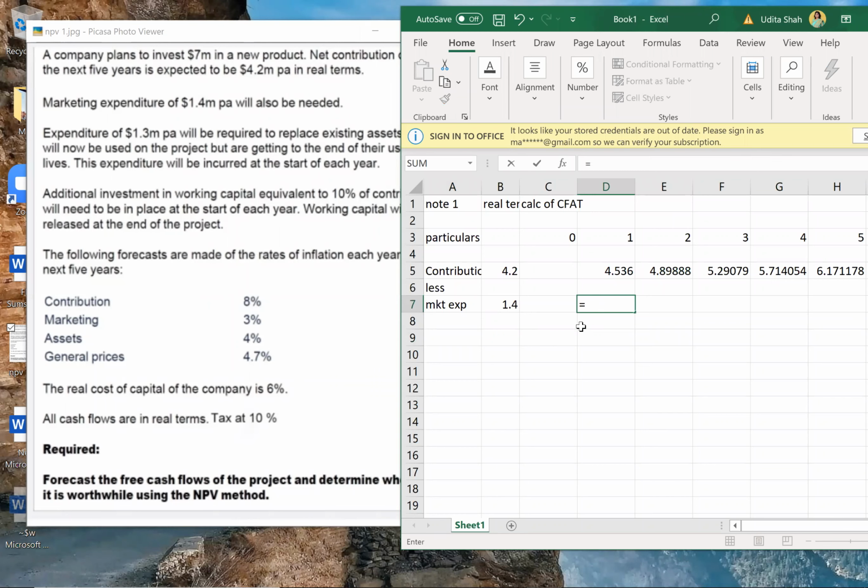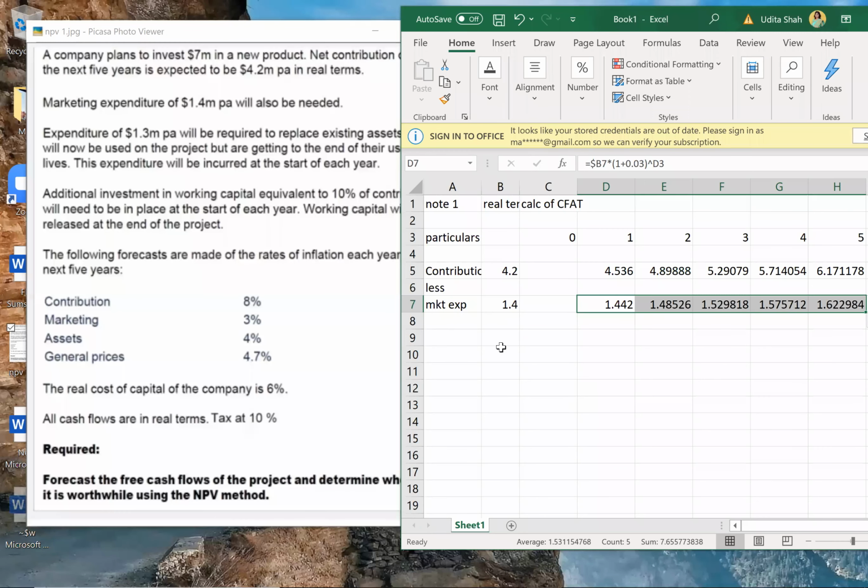This I want constant, so I put a dollar sign, into 1 plus I. Now what is the inflation for marketing? They have given in the problem. Inflation rate for marketing is 3%, raised to n, and drag it. I'll get it for marketing expenditure.